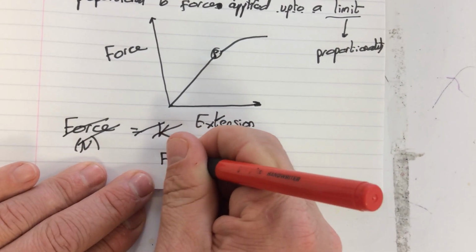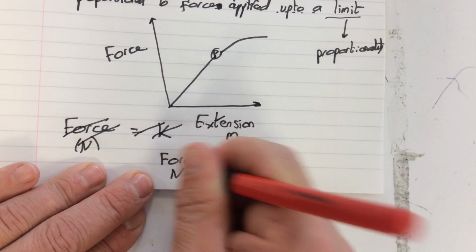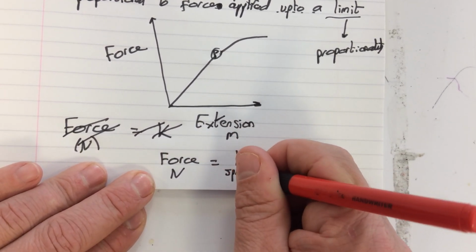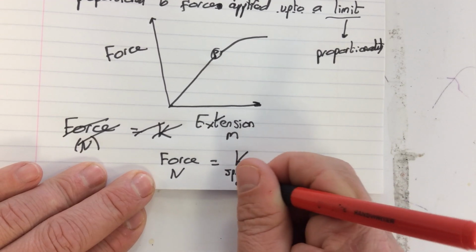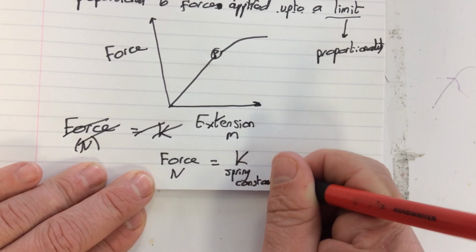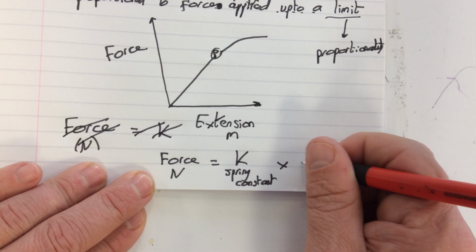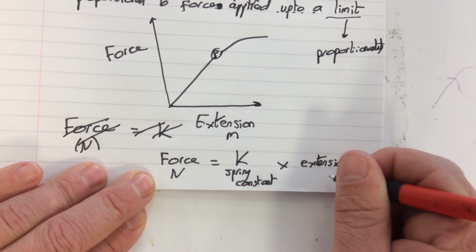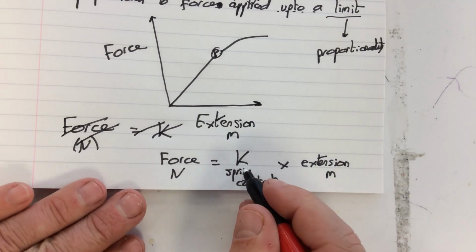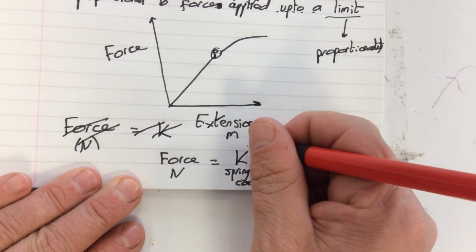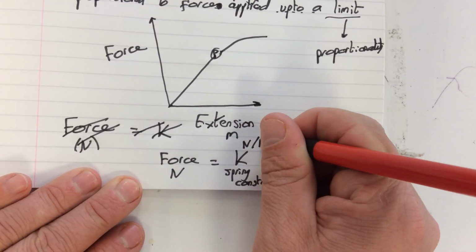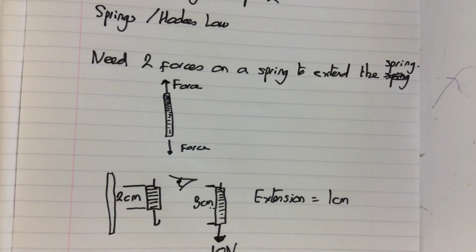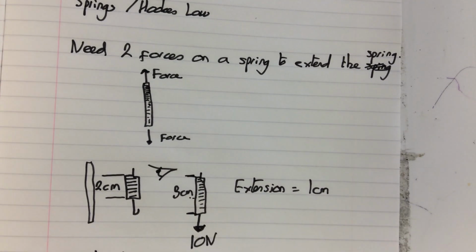So force, which is in newtons, is equal to K, which is called a spring constant, and that is times by the extension, which is measured in meters, and the unit for spring constant is newtons per meter.